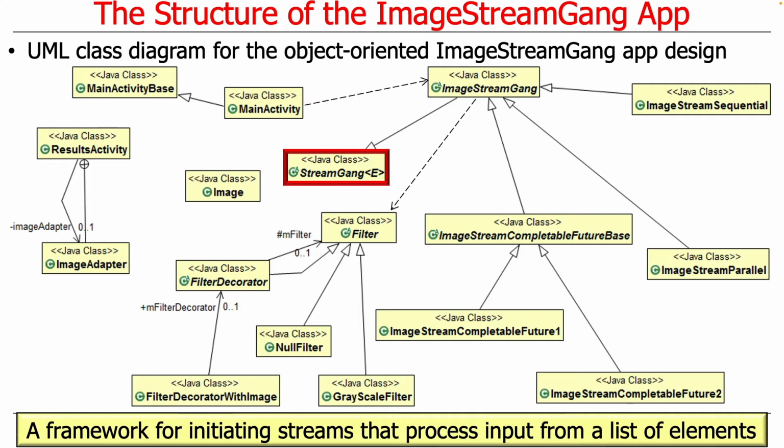Remember what a framework is. A framework is an integrated collection of software components, classes, objects, functions, etc., that collaborate together to provide a reusable architecture for a family of related applications. What does that mean? Well, we have an integrated set of classes, kind of the things we're seeing here. They work together.